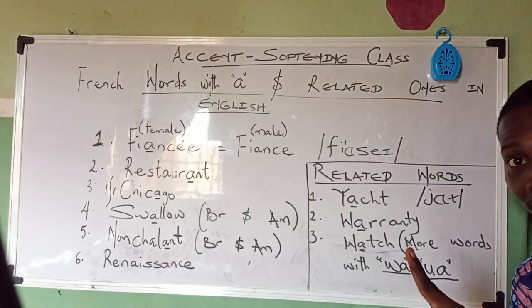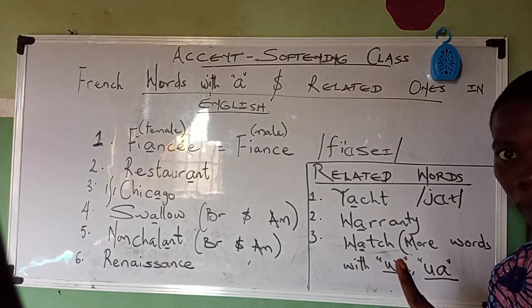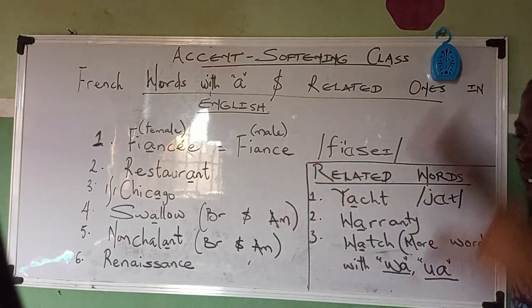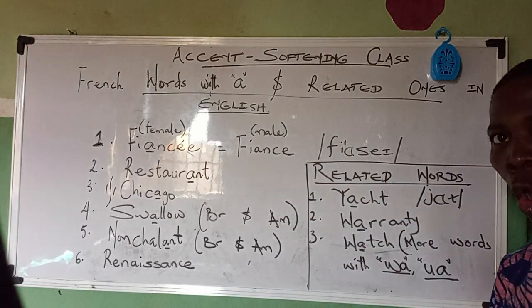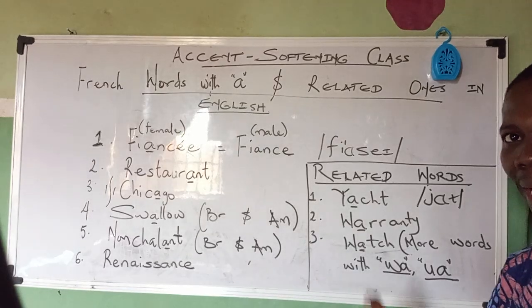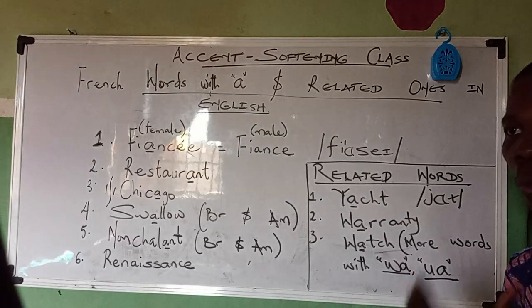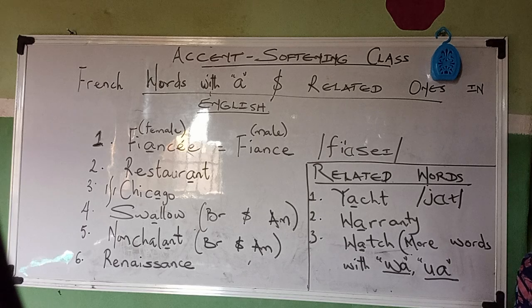Please, don't get me wrong. In most cases, when W and A are together, you hear wo, not wa. And when U and A are together, like quality, like squat, and that is it.